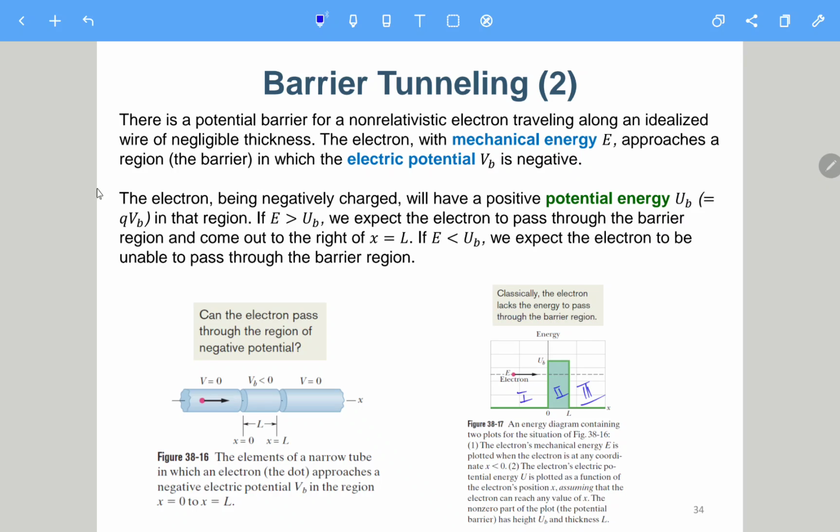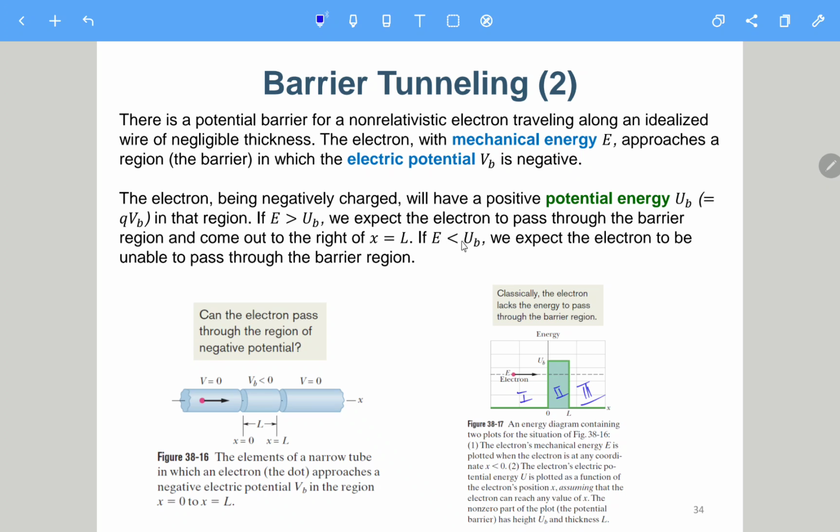Just to mention, the electron being a negative charge, we have a positive potential energy because UB equals QVB. In that region, if E is larger than UB, we expect the electron to pass through the barrier, as in classical mechanics, and come out to the right.